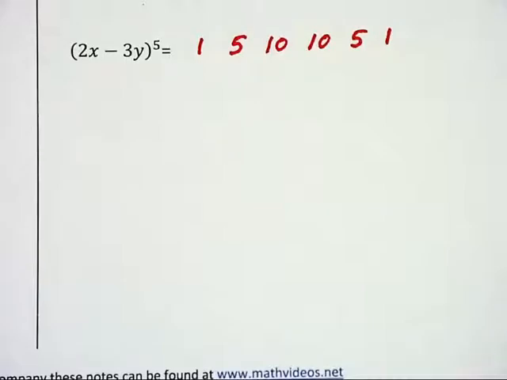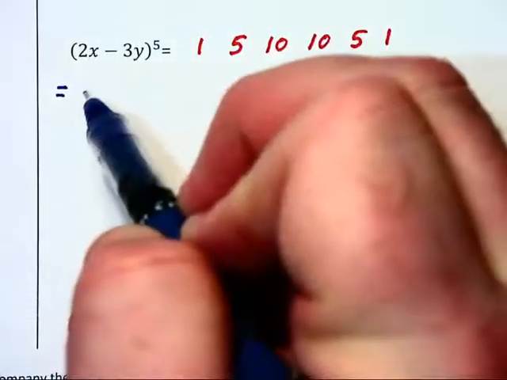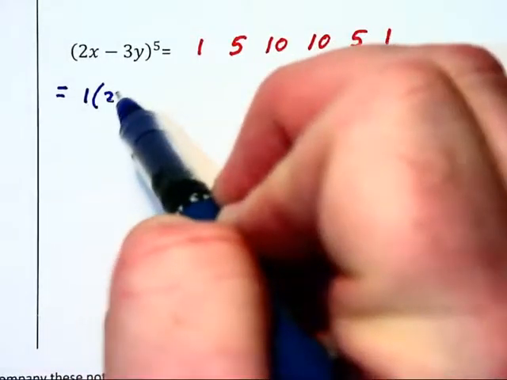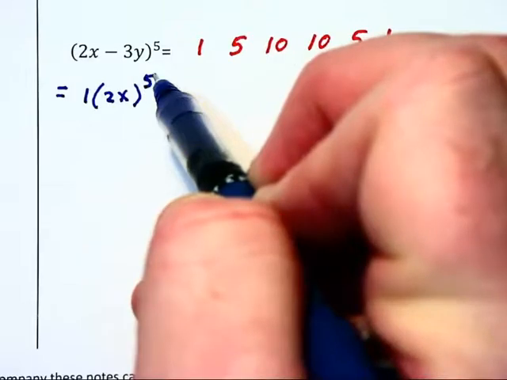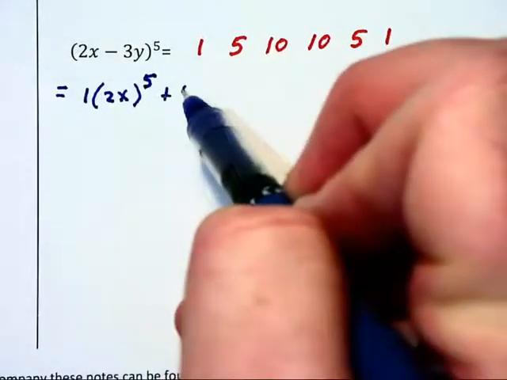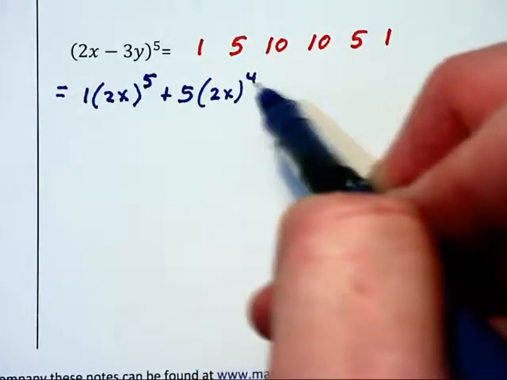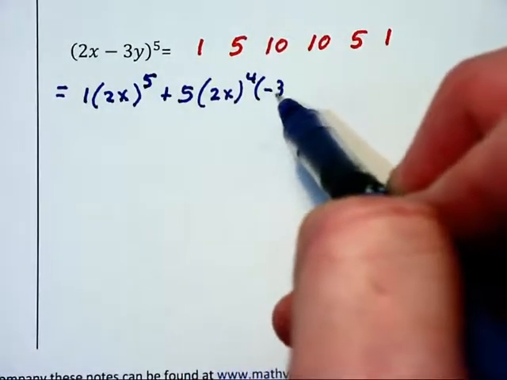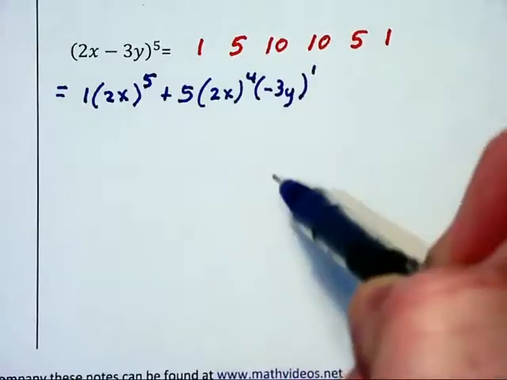So we will have that this binomial to the 5th power is 1 times 2x to the 5th power, skip the minus 3y's, plus 5 times 2x to the 4th power times negative 3y, showing up for the first time. If you want to put a little first power, you can.